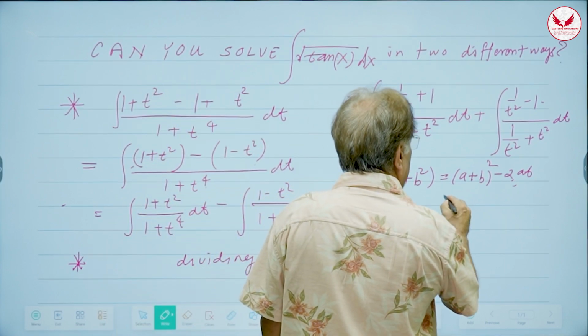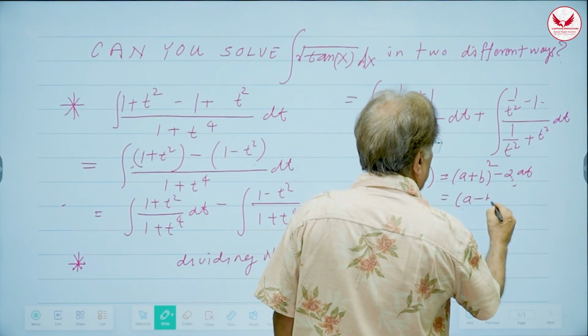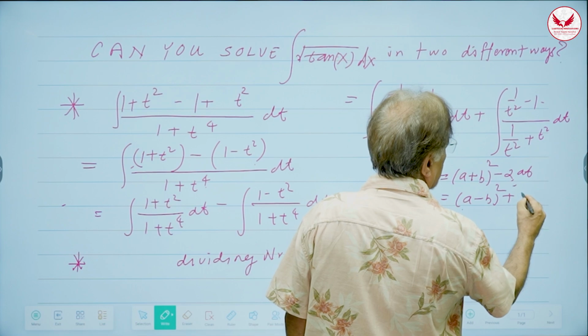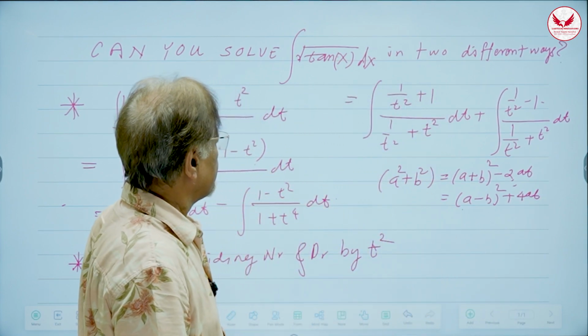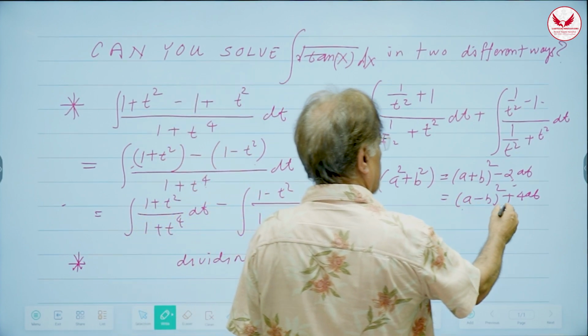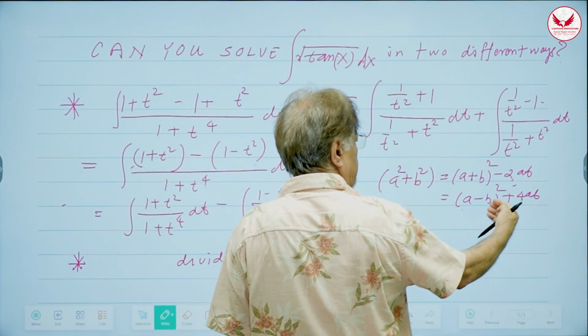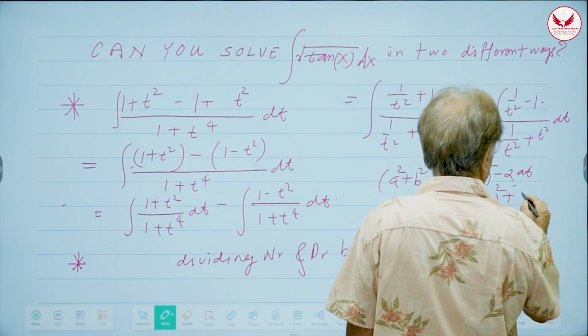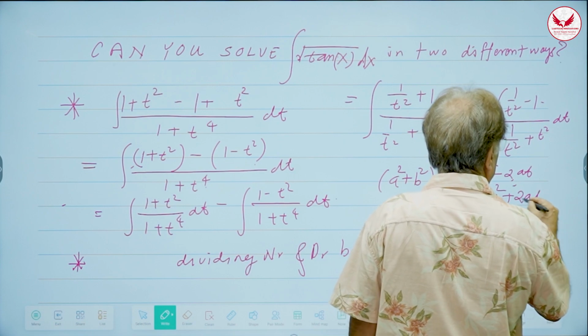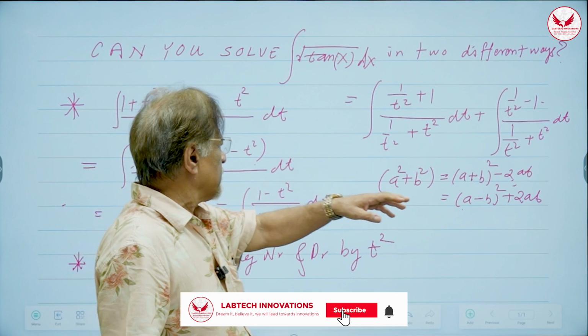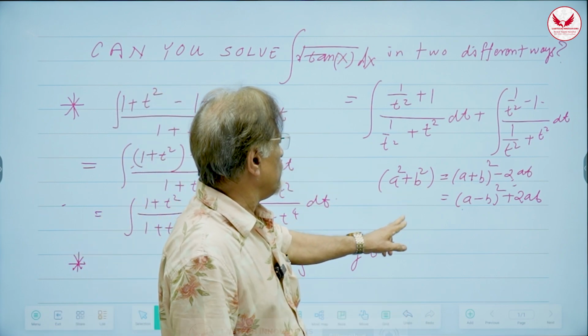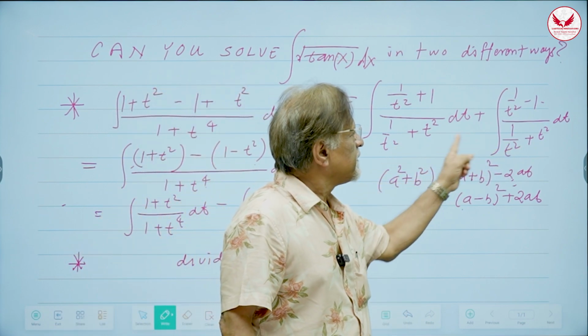But the same thing can be written as (a minus b) square plus 2ab. Correct? I'm sorry, plus 2ab.